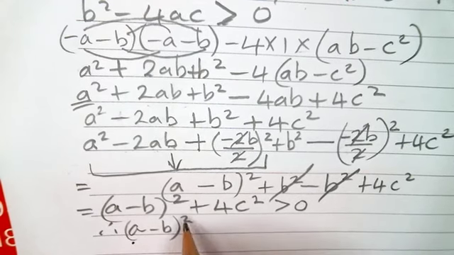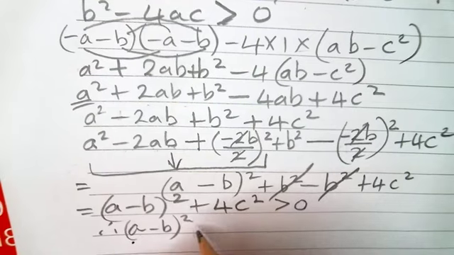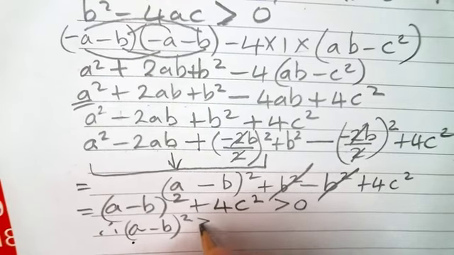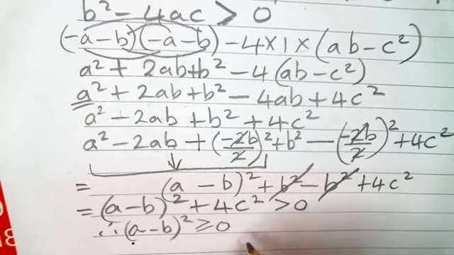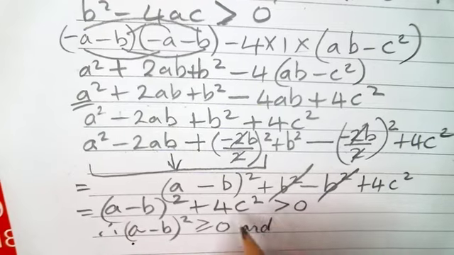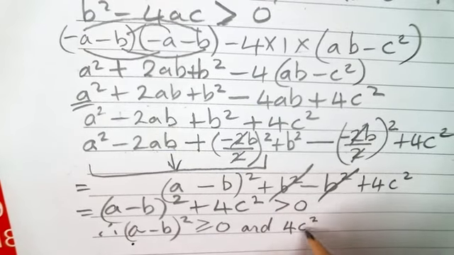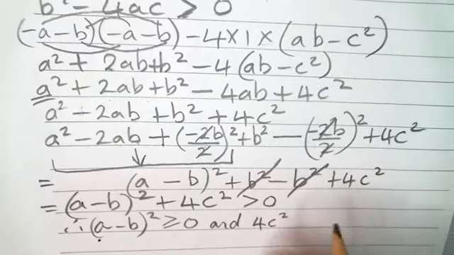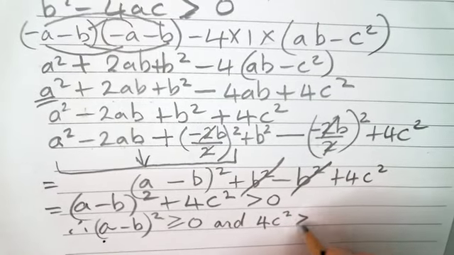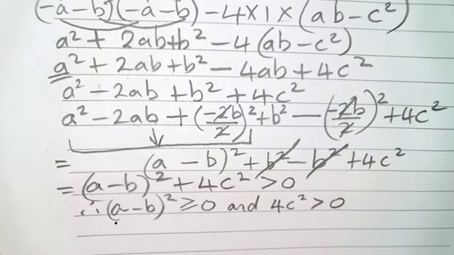If you take a negative number and you square it, it's going to be greater than 0. So either this is going to equal 0 or it's going to be greater than 0. And we've got 4c squared. It doesn't matter what you do with 4c squared, because you're squaring something, even if it's negative, that's definitely going to be greater than 0.